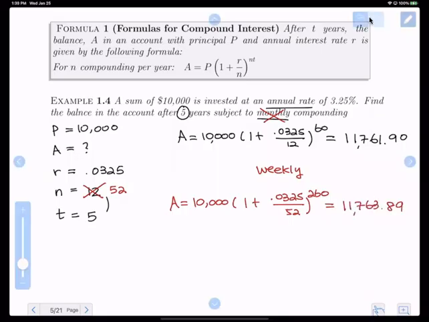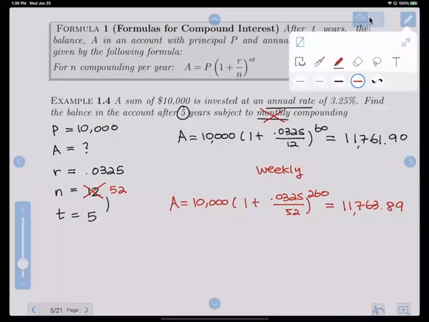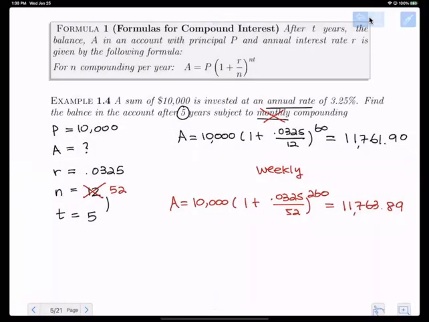I want you to look at these two numbers together and see the difference. I did not change the 3.25. The only difference is that one account gives interest every month, the other every week. And you see that at the end of 5 years, your account balance is slightly higher.